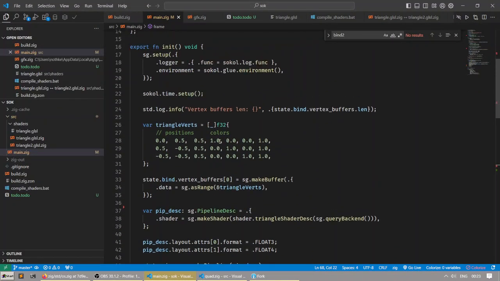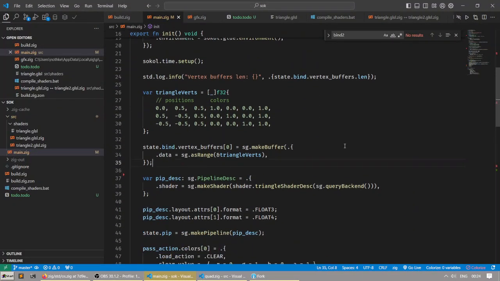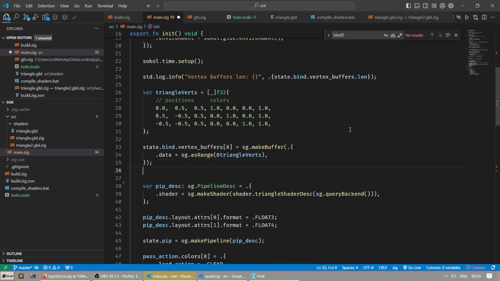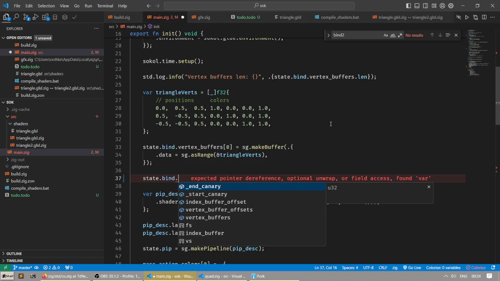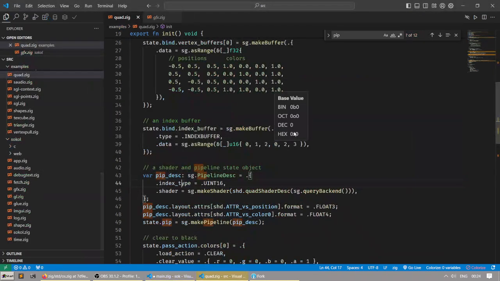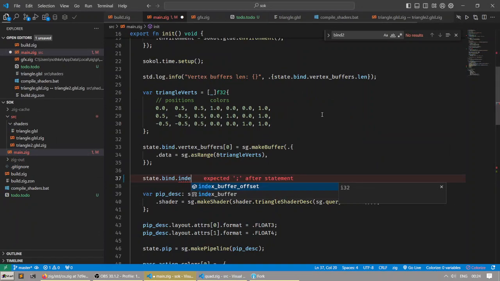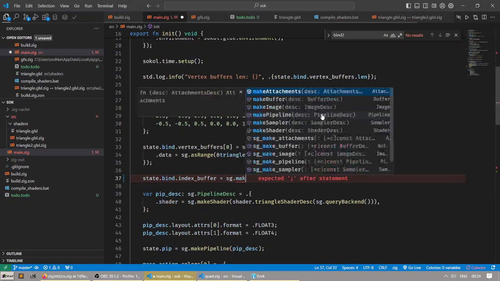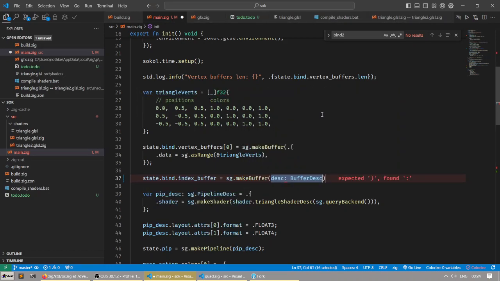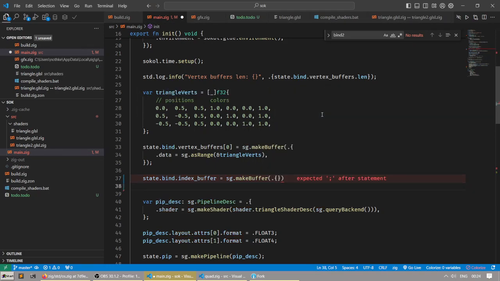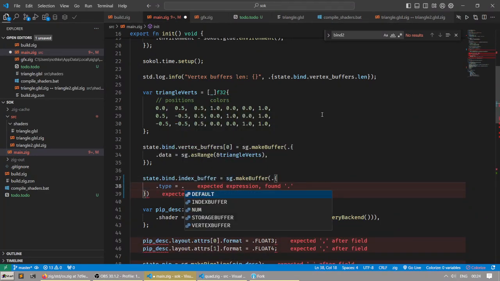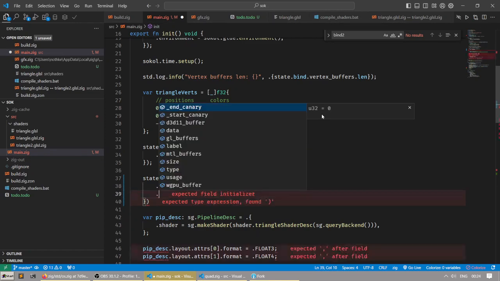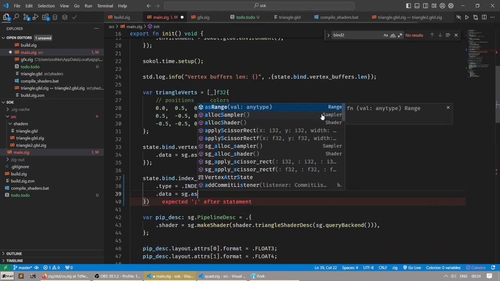So for this one, let's create a new buffer. I actually have just the index buffer, right? Index buffer, and I'm going to make a buffer. The type, of course, as we said, is going to be the index buffer. And the data is going to be as a range.